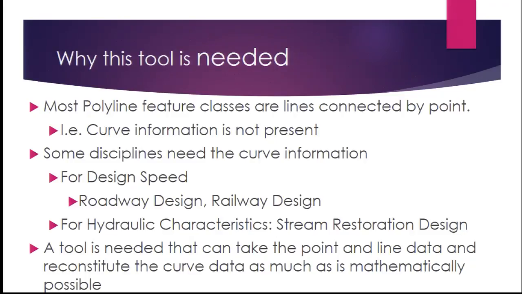So if you have something that you know to be a circular arc, like a roadway alignment or a railway alignment, or something that you want to approximate as a circular arc, like a stream, well, the curve information is just not there in terms of vector features. And so this is intended for people like roadway design engineers or planners or railway designers, or for people doing stream restoration design, so that they can get this curve information out of the polyline.